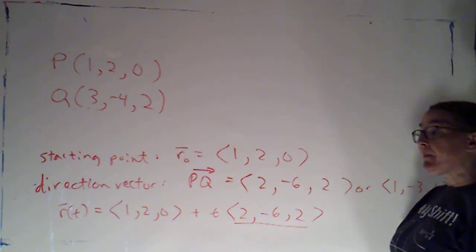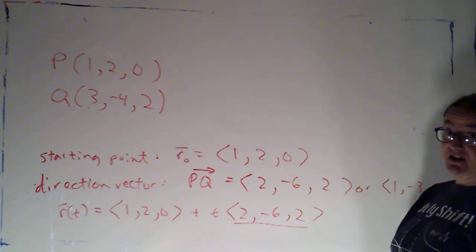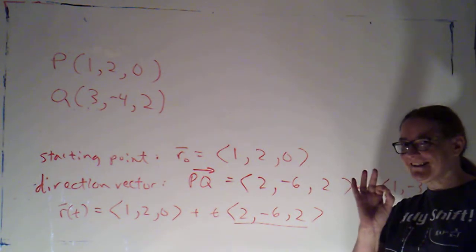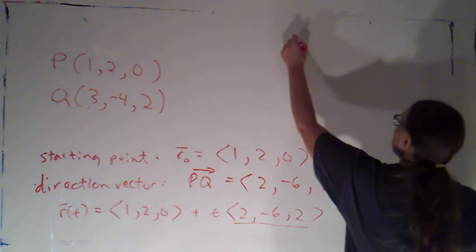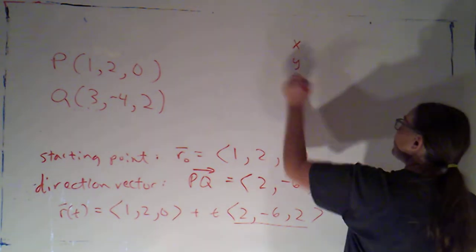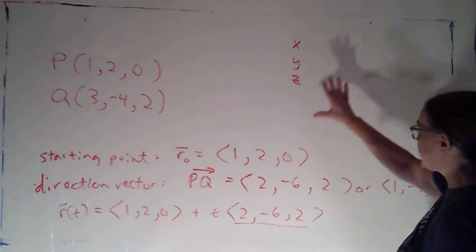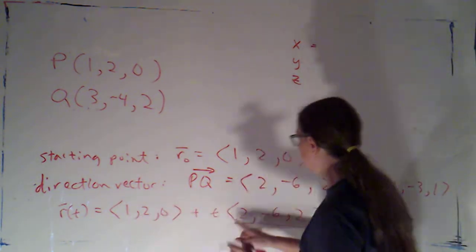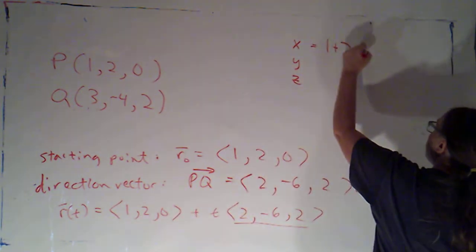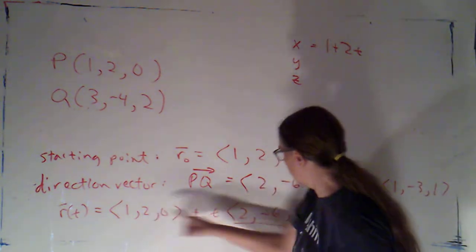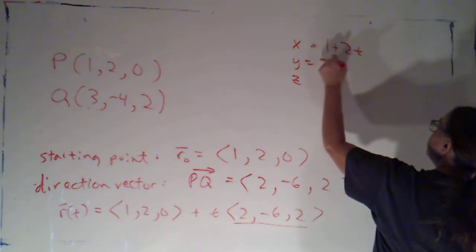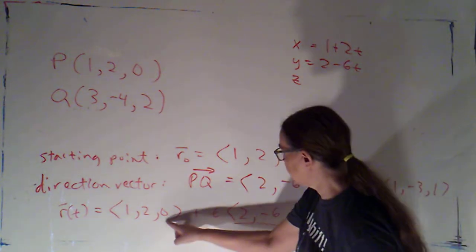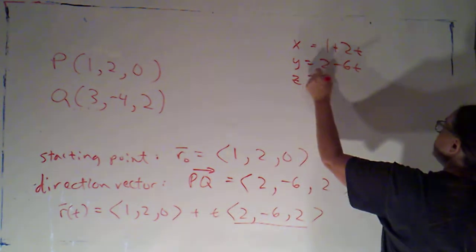If I asked for parametric equations, plural, then I would be looking for what's x, what's y, and what's z. So the corresponding parametric equations here would be x is 1 plus 2t, y is 2 minus 6t, and z is 0 plus 2t.